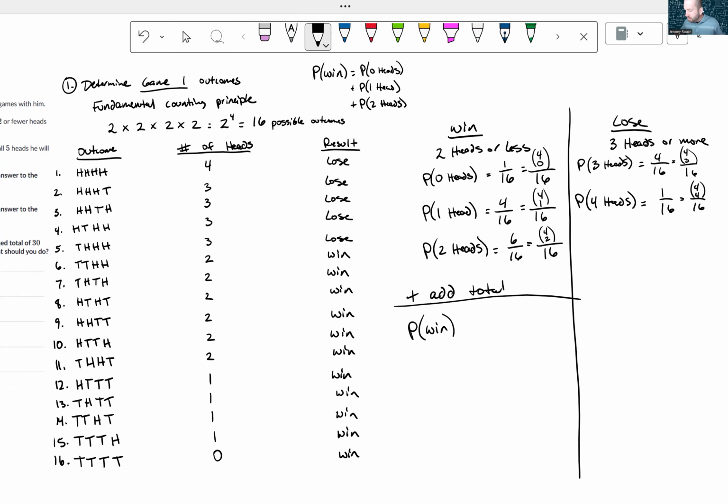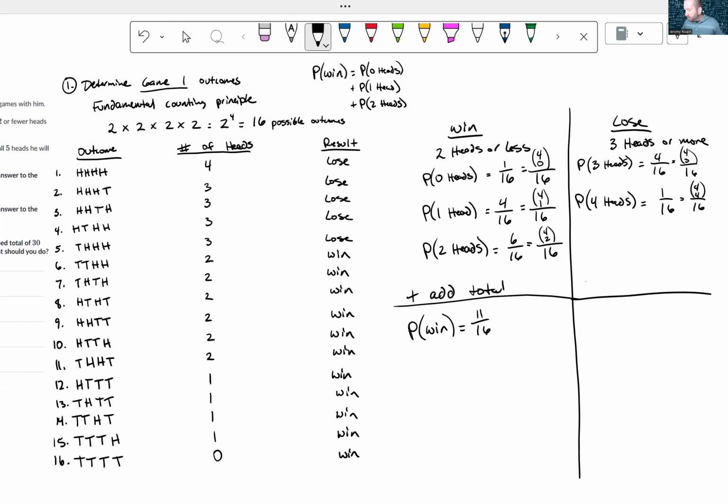So the probability that we win game number 1, which has these constraints of flipping 4 coins and getting 2 or less heads, we win $1. Otherwise, if we lose, we pay $3. So for the probability of winning, we add all these together: 1/16 plus 4/16 plus 6/16 is 11/16.